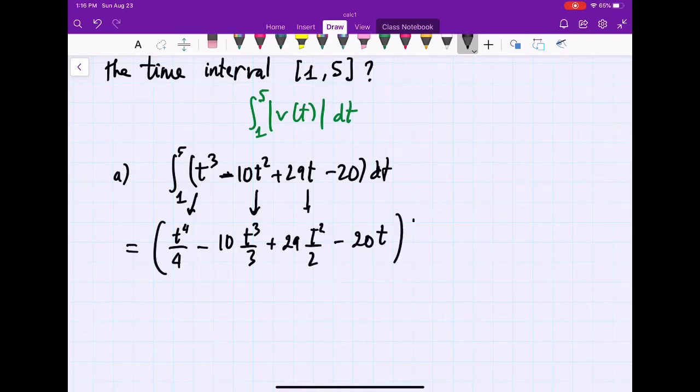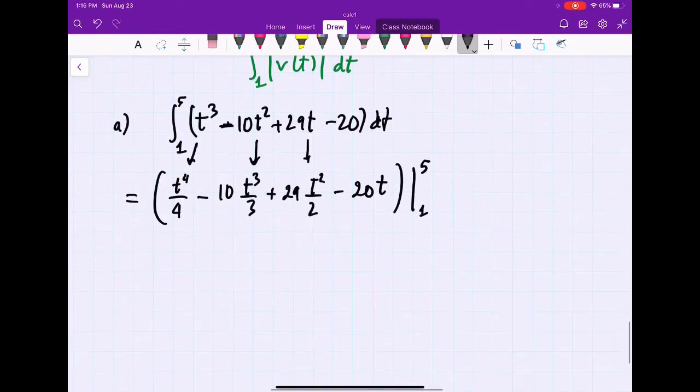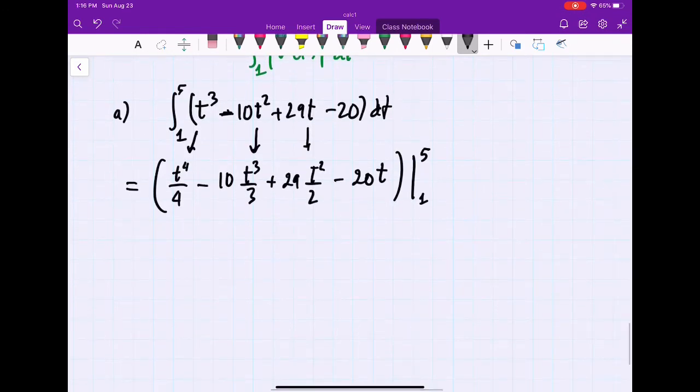And this is evaluated from 1 to 5. So our job is just to plug 1 and 5 into this function. I hope you can do that yourself. So the answer is 32 over 3. So that is the net change, or that is the displacement of the particle on that time interval.